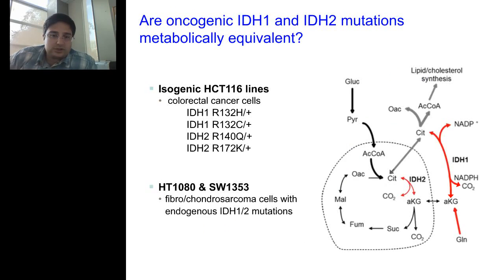So the next question we wanted to address, do IDH2 mutations phenocopy this change? So in this case, we turn to our isogenic panel of HCT116 lines containing IDH1 or IDH2 mutations, or alternatively two sarcoma cell lines that express either IDH1 mutations or IDH2 mutations in the case of SW1353 cells.